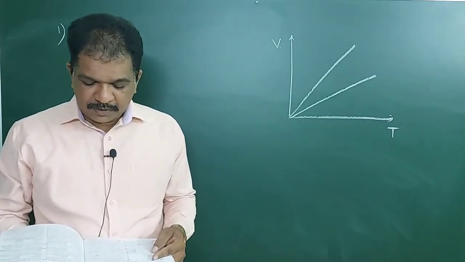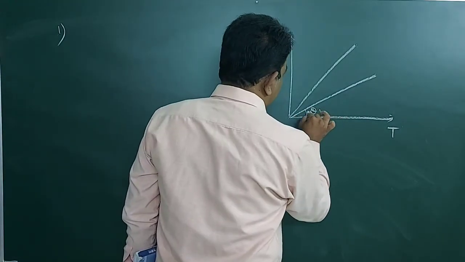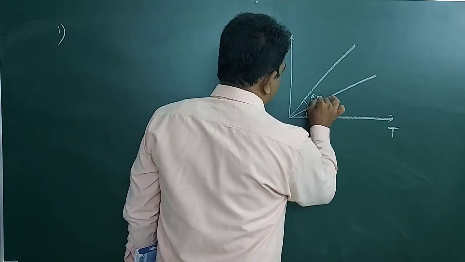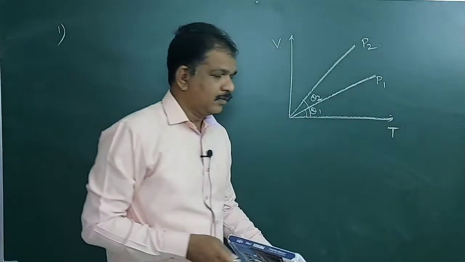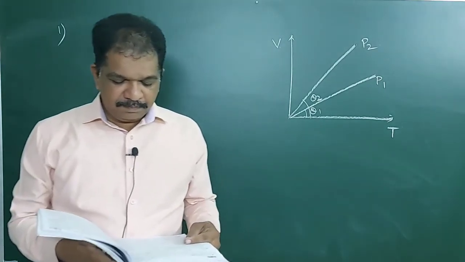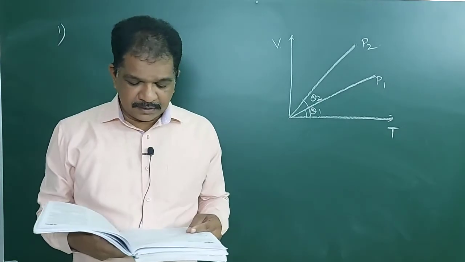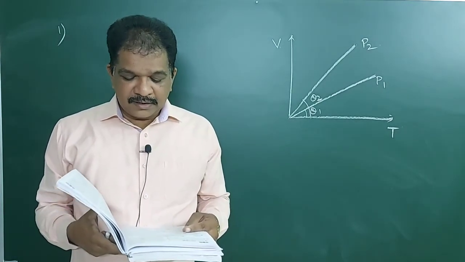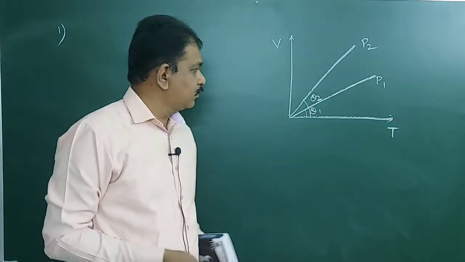Here slopes of the graphs are, this value is theta 1, this value will be theta 2. Okay. P1, P2 are the pressures. Then what is the relation between P1 and P2? That is the question.